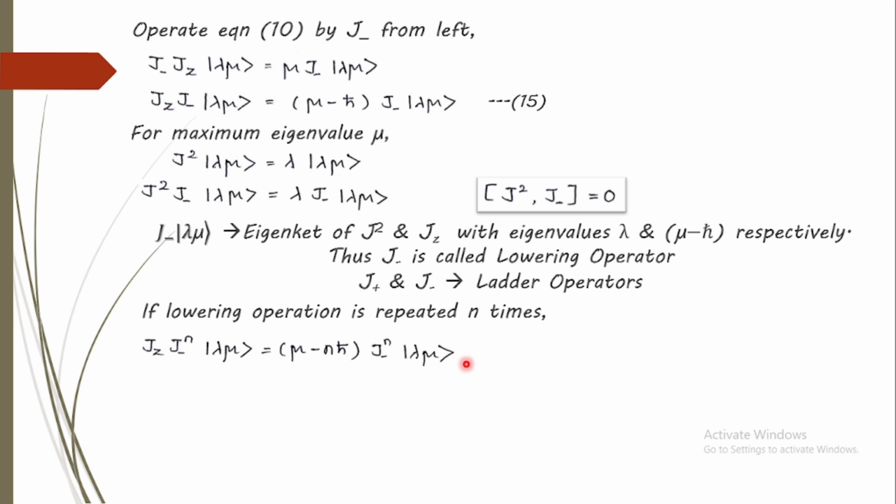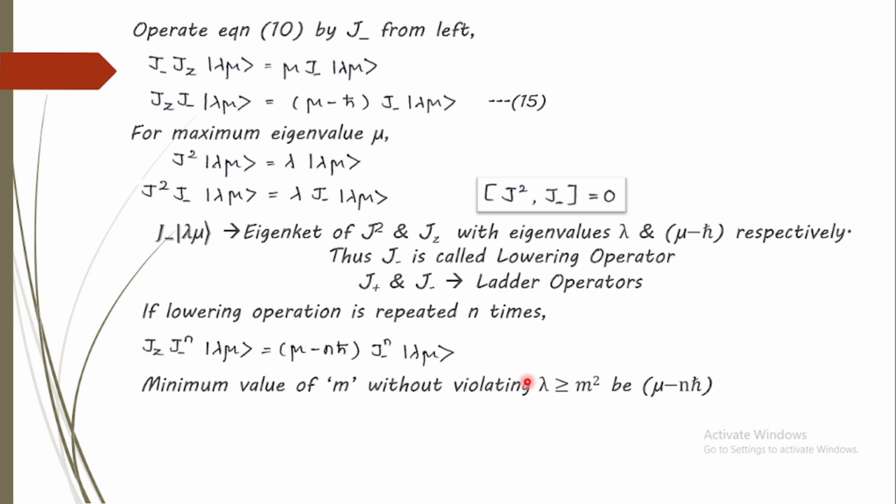Again here, for the validity of equation number 4, there must be a cutoff value for n. N cannot be infinity. So the minimum value of m, without violating the fourth condition, that is lambda greater than or equal to m square, is mu minus n h cross.